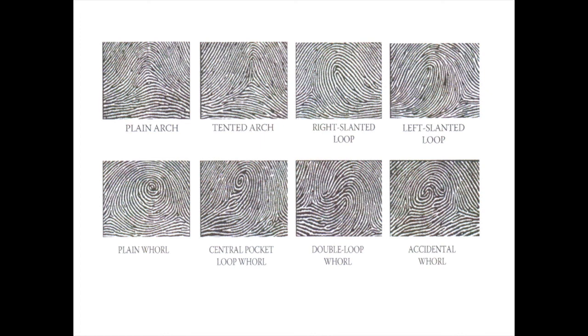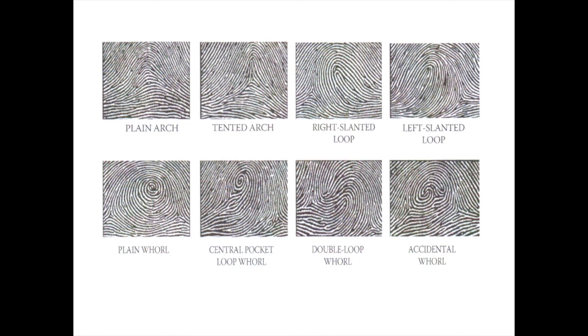There are plain arches, tented arches, ulnar loops, part of that loop group, and radial loops. Then we have our whorls: plain whorls, a double loop whorl, a central pocket loop whorl, and then of course we have accidentals, or accidental whorls rather. These all are the kinds of patterns that you will generally see when you're looking at your own finger.